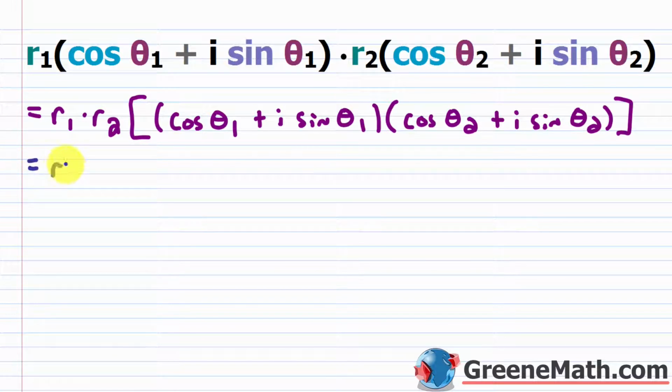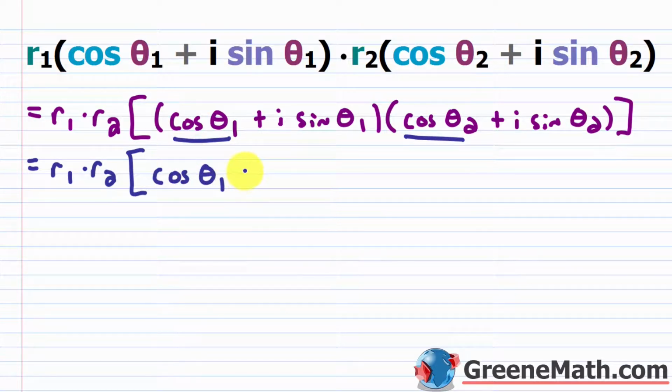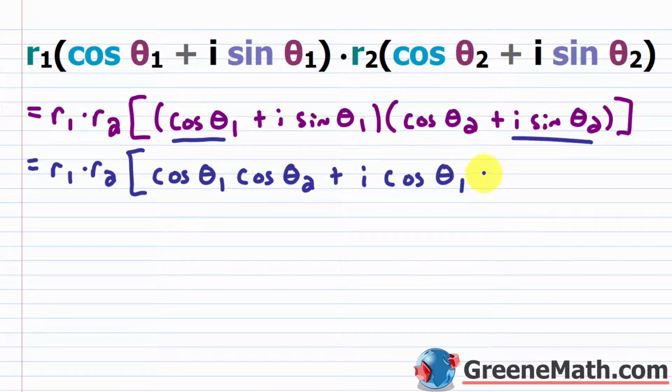So I'm going to put equals r sub 1 times r sub 2, and then let me open up these brackets. If we're doing FOIL, we do the first term, so this guy times this guy. This would be my cosine of theta sub 1 times the cosine of theta sub 2. Then I want to do my outer, so this one times this one. Let me put plus, I have an i there, let me put that out in front, and then I'll do my cosine of theta sub 1 times my sine of theta sub 2.